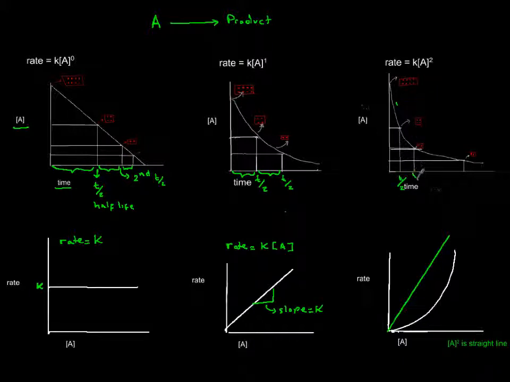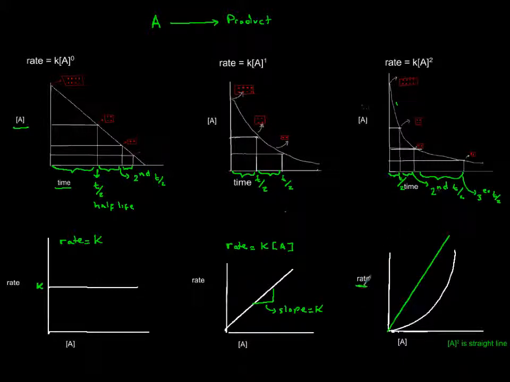Now you see the second half-life gets much larger than the first one, and the third half-life is even bigger than the second one. So that's indication that this is a second order graph rather than half-lives being equal. So this is how a second order gets consumed as time is elapsing.